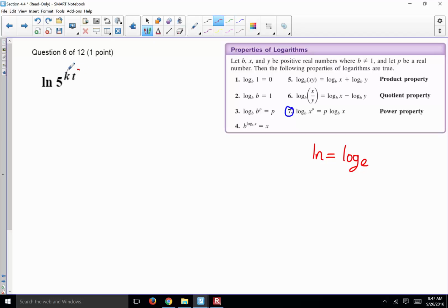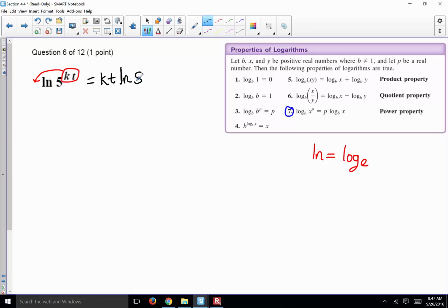So which exponent can we move? K? Shall we only move k out? Both k and t. No matter how many items you have around the base, you take the entire power in front. So it is kt times ln 5.